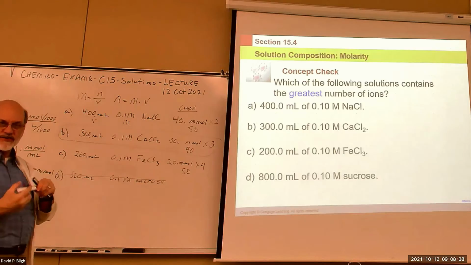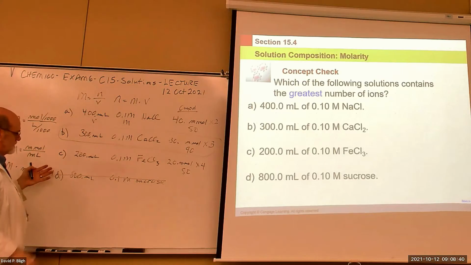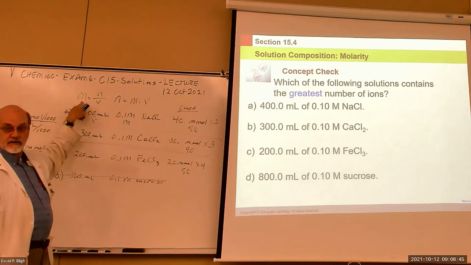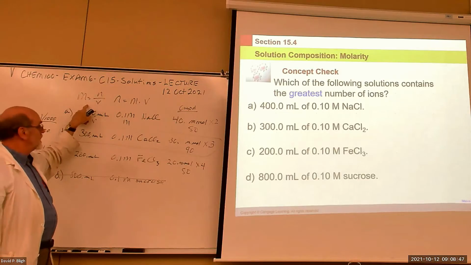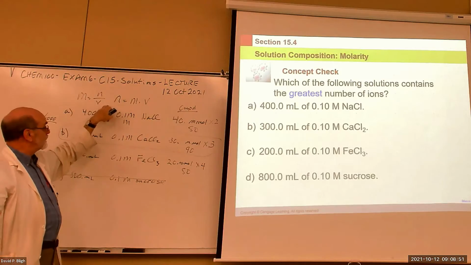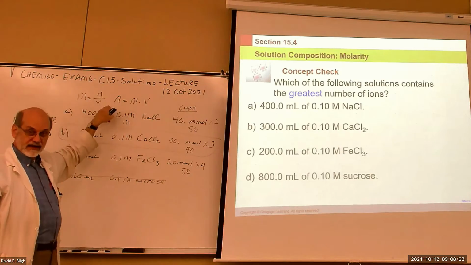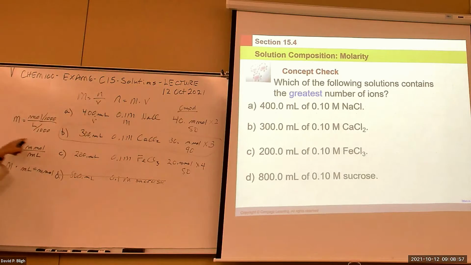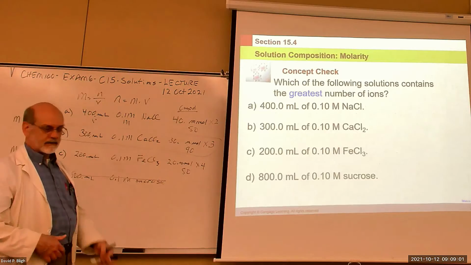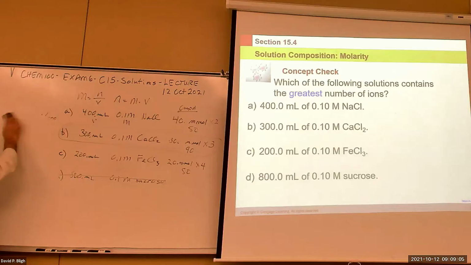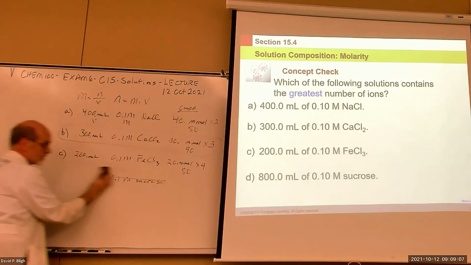And that saves you a step. If you have to calculate this from these terms, and that one's moles, then this one has to be liters. But if that was millimoles, you can use milliliters here based upon this argument. And that saves you time and energy. It also answers the question.